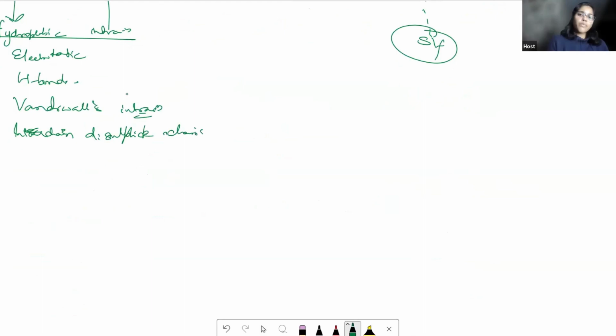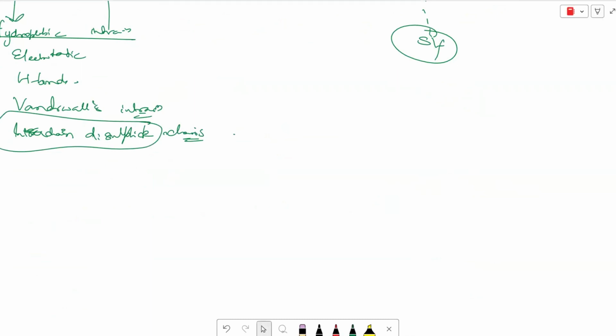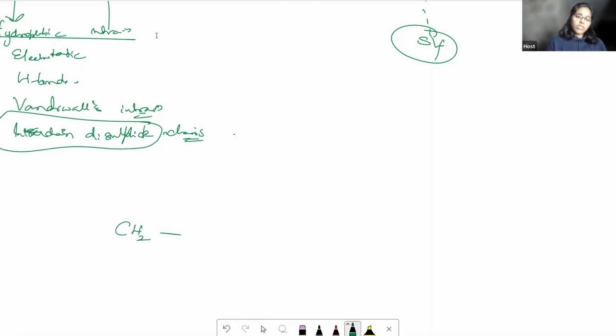Can anybody say between which amino acids we can expect the intra-chain disulfide bonds? Sulfur containing. Yeah. So between the cysteine, we can expect the intra-chain disulfide bond, where you will have two cysteine residues connected like this.